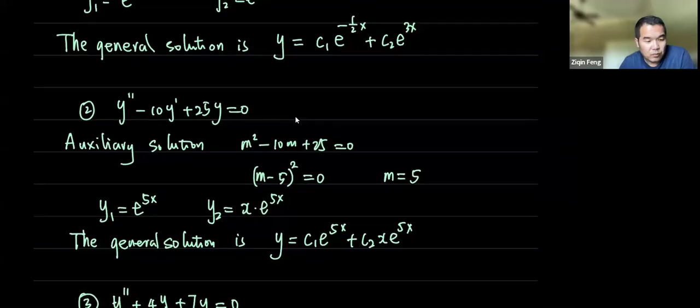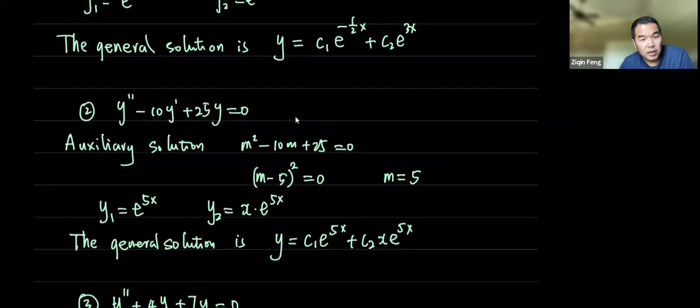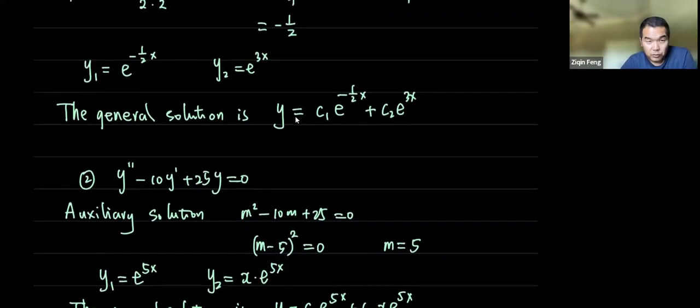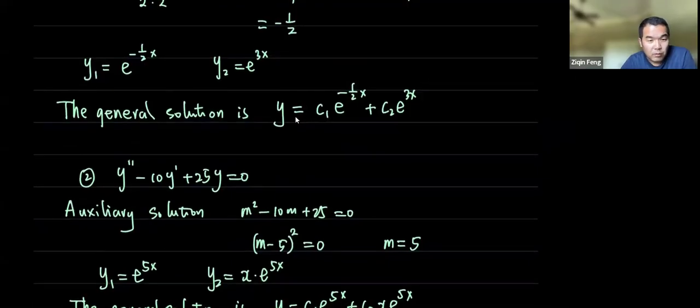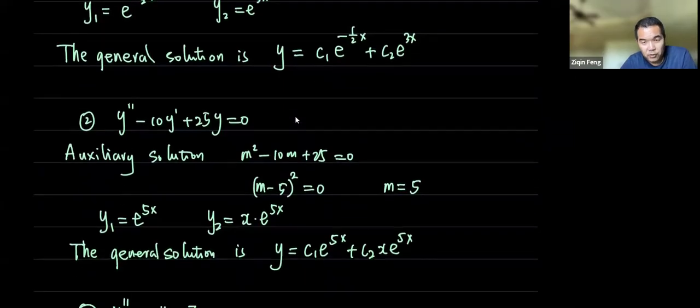Based on the form of the roots, we have a different form of the general solution, right? Either you have two real different roots, one repeated root, or two conjugate complex roots. We can get a solution of the second order linear homogeneous differential equation.